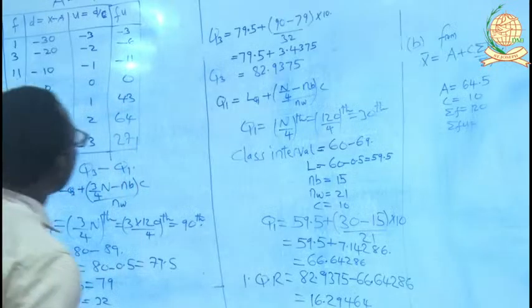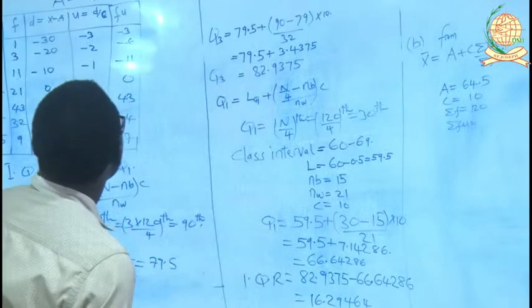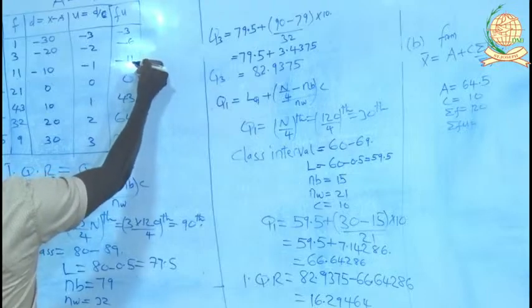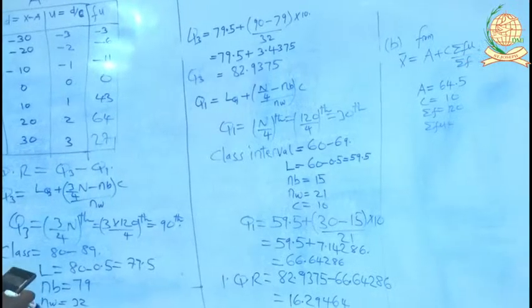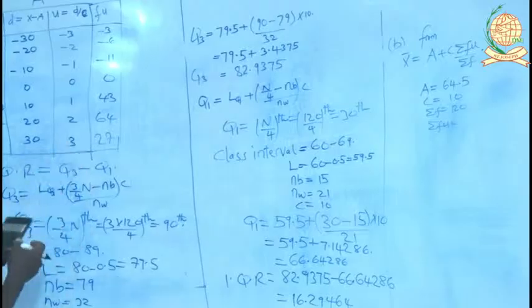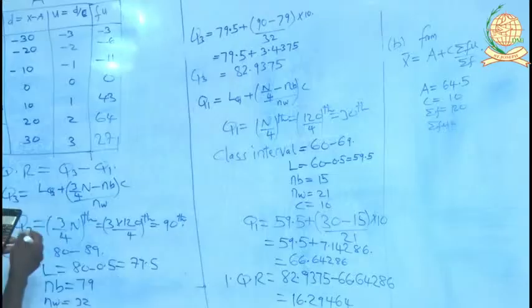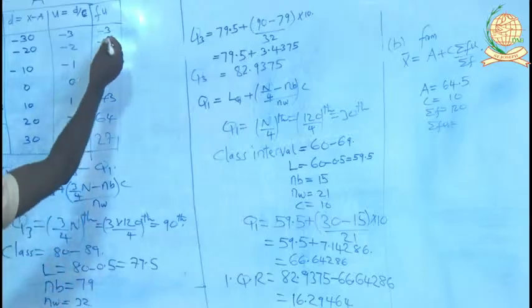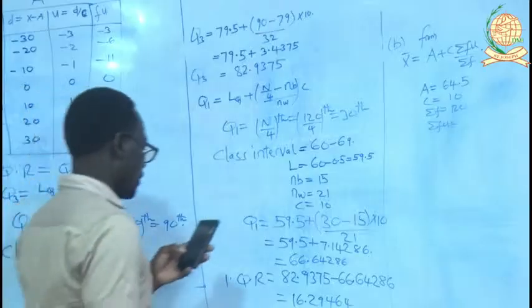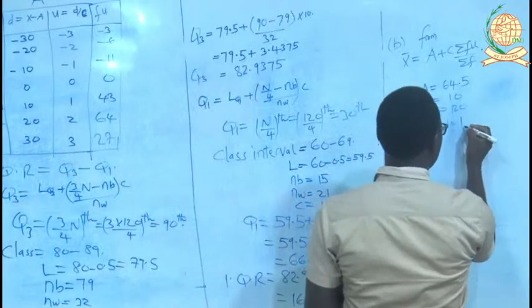The negatives add up to -20. Then you take 43 plus 64 plus 27, minus 20. So summation of FU is equal to 114.